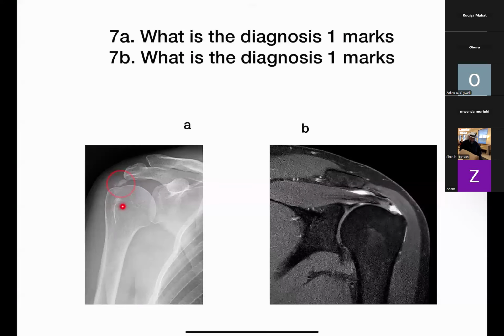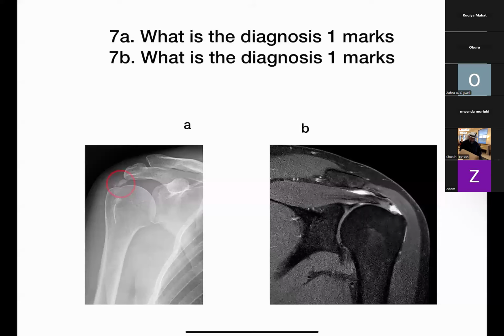So this is known as calcific tendinitis of the shoulder, and sometimes it can be quite painful. You may decide to inject a steroid, or sometimes you may just puncture it and do what is known as barbotage, okay? And you remove the calcification in the supraspinatus, okay?